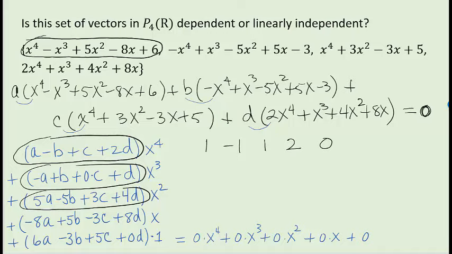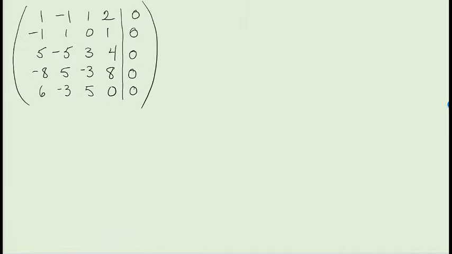And look ahead at the matrix. Right here, you see that we have taken that first vector and just dropped it in as a column. So, in other words, these are the coefficients here of x to the fourth, x cubed, x squared, x, and the constants. So we wanted to know if the four polynomials were linearly independent.